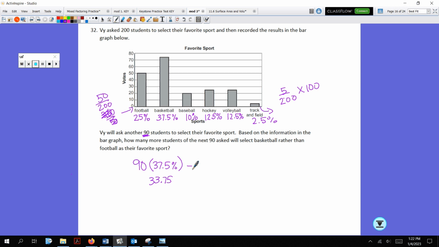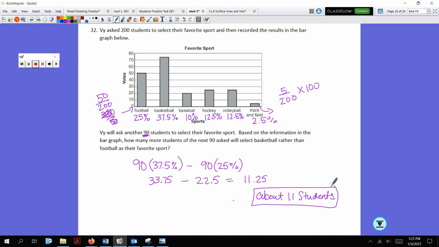And then we subtract the students who like football. 90 times 25% is 22.5. This gives me 11.25 students. So about 11 more students, because you can't have 0.25 of a student.